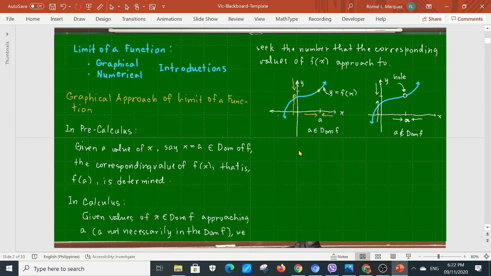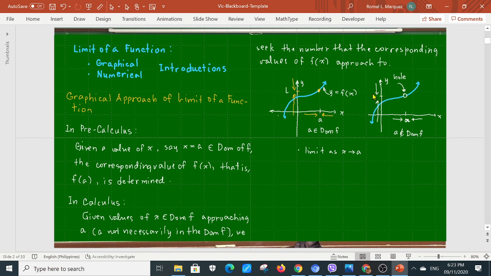So in this case, we say the limit as x approaches a, either from the left and from the right, meaning as I travel along the curve from the left and from the right going to x equals a, I can reach a certain number.